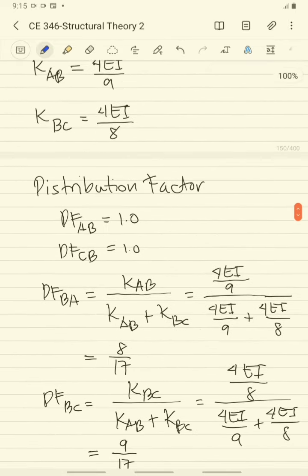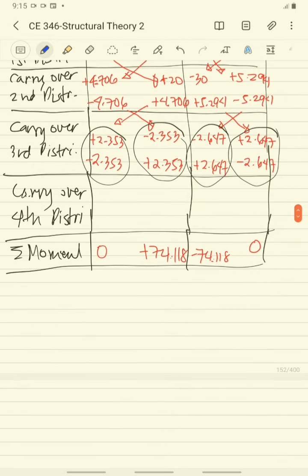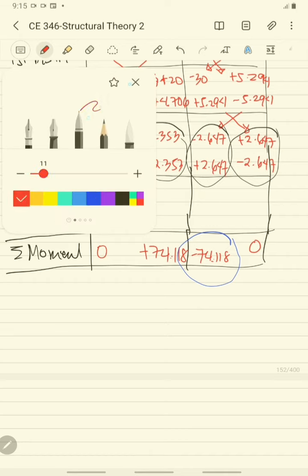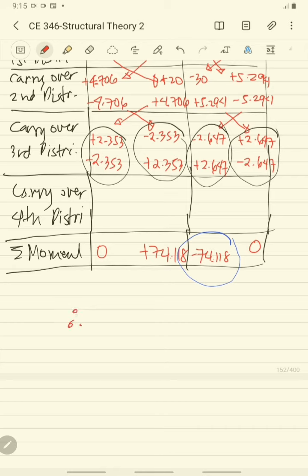So for the final value of our moment at B, we will take the moment at the right side of B. So now you can say that the moment at B is equal to negative 74.118 kilonewton meter.